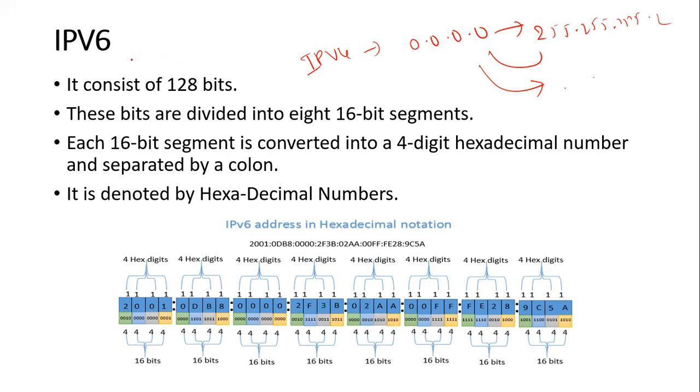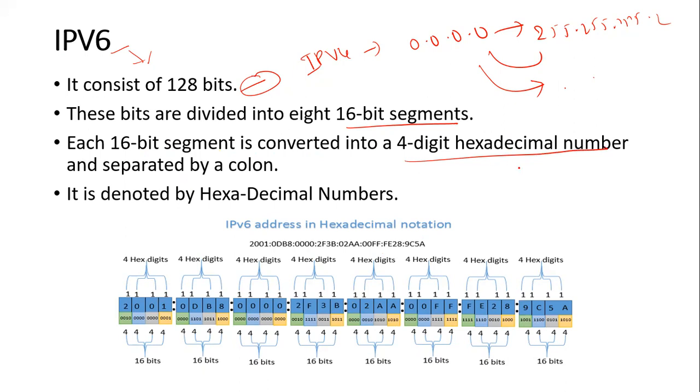That's why a new version called IP version 6 came into the picture. IPv6 consists of 128 bits. These 128 bits are divided into 8 segments of 16 bits, and each 16-bit segment is converted into a 4-digit hexadecimal number.